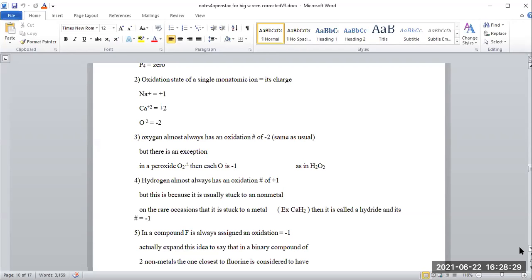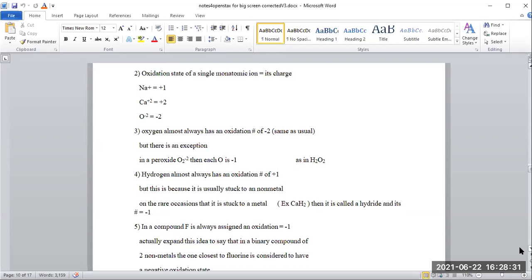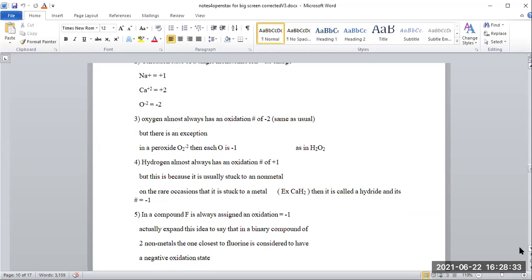Hydrogen also has kind of its own rule. We almost always see it as a +1. It's the beginning of a bunch of acids. It's part of things like bicarbonate, hydrogen carbonate. It's part of some other molecules.